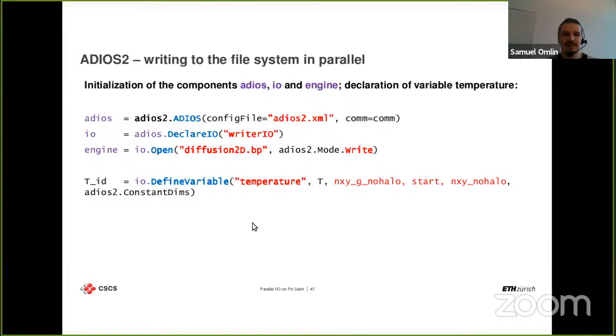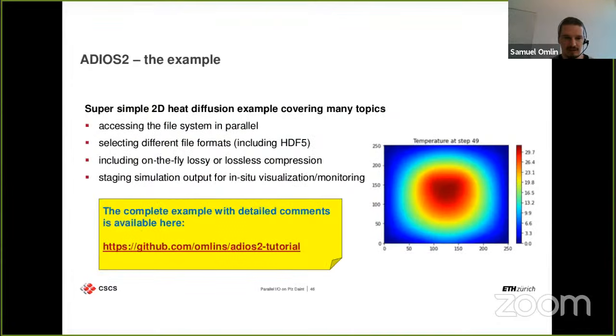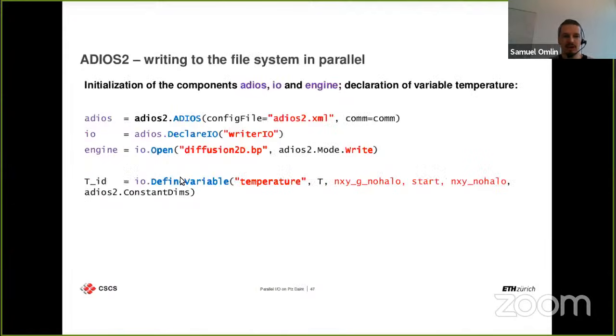Now we'll go through these different things that I just mentioned. So how you write with ADIOS, the file system. We initialize the components, ADIOS, IO, and engine. These are the main components I mentioned before.